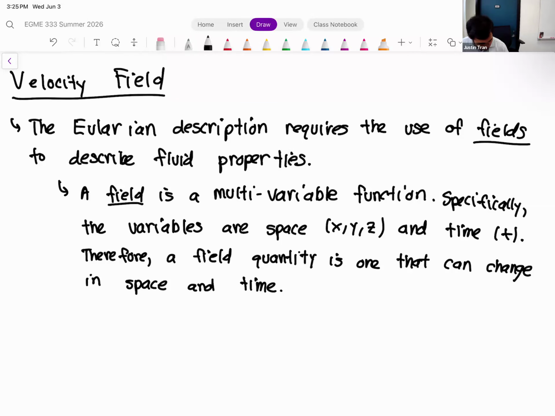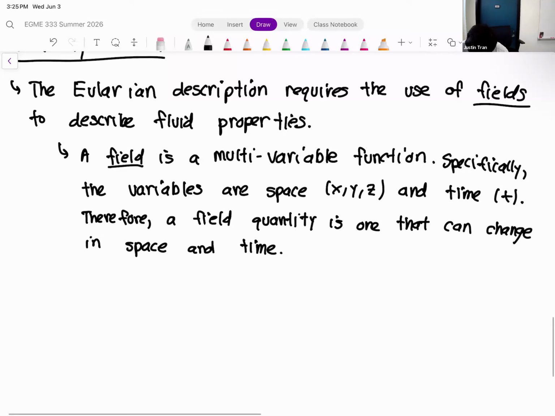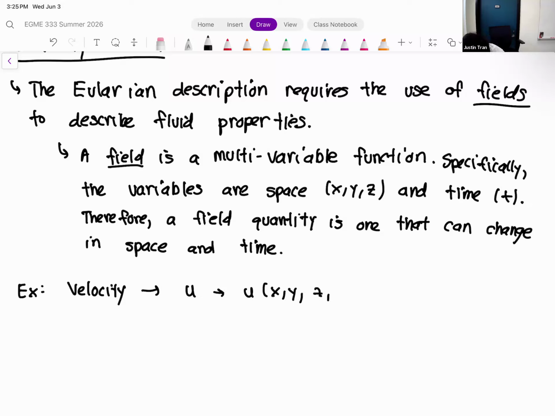All right, so to illustrate this, let's say we have our velocity. That's where we started here. Our velocity field being a field variable means that it can change in x, y, z, and time. That means u is a function of x, y, z, and time.